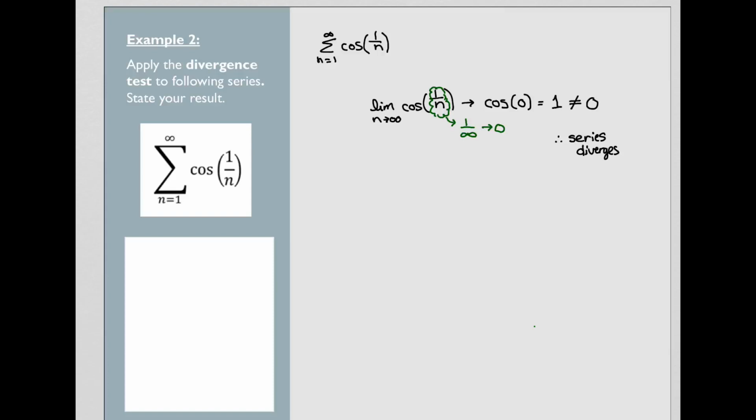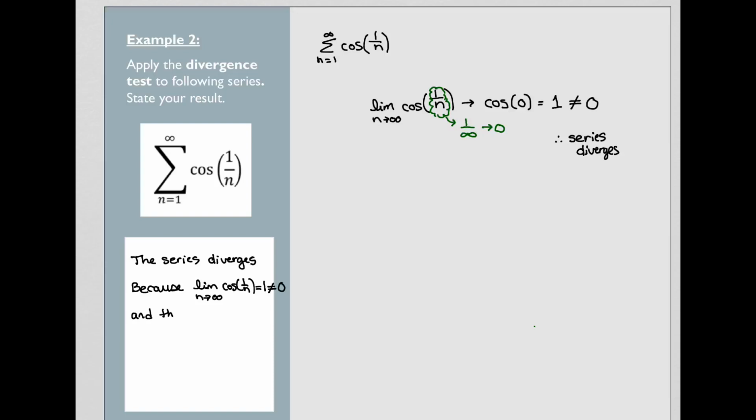All right, so the series diverges because the limit of the nth term, cosine of 1 over n, equals 1, which is not 0.